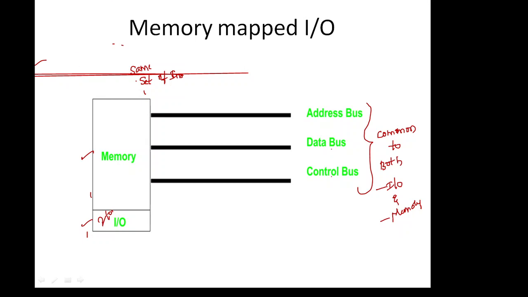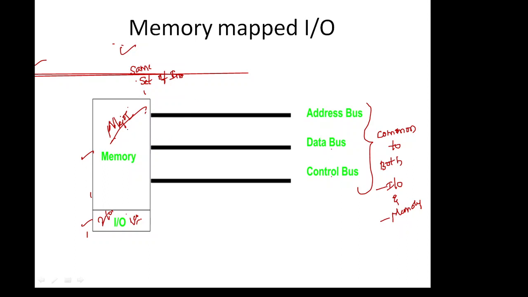We call this memory mapped IO. Why? Because the memory is mapped with the IO here. Memory has the major share of the space and IO has the smaller share.